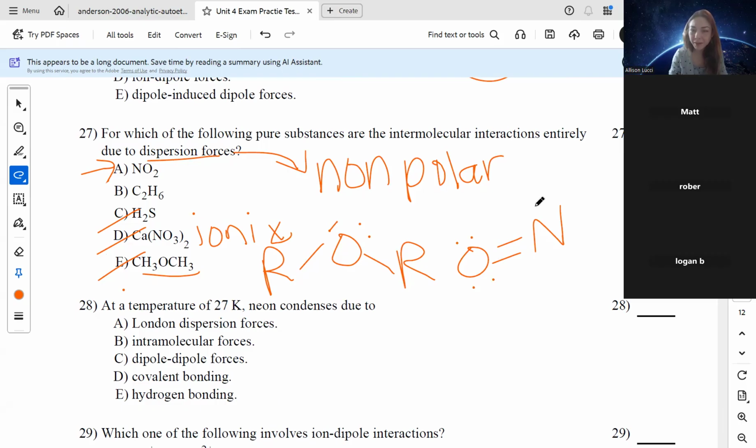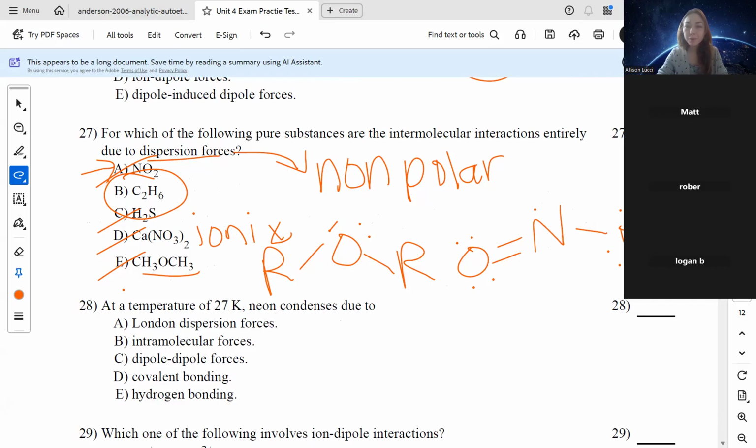I mean, I have an odd number of electrons. So nitrogen would have one unpaired electron. We would do two resonance structures like this, but both would be polar. So we would eliminate A, and then our only non-polar compound here is the ethane, C2H6, that we saw earlier. So to confirm, if you drew the Lewis structure, you would know that it's definitely non-polar.